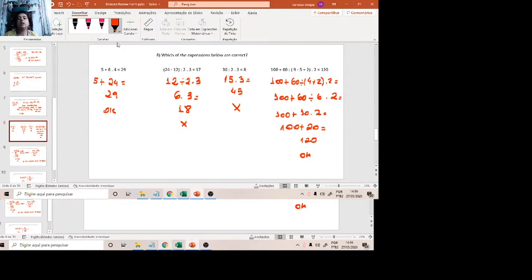Then 30 divided by 2 is 15, 15 times 3 is 45, and it said it is 8, so it's wrong. Then here I do 9 minus 5 is 4, 4 plus 2 is 6, 60 divided by 6 is 10, 10 times 2 is 20, 100 plus 20 is 120, and it's correct.